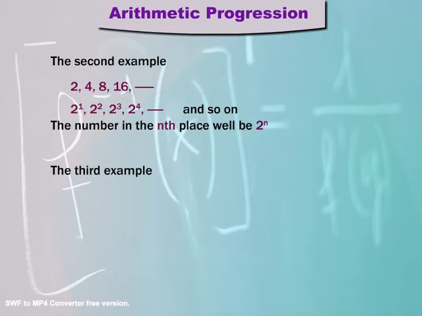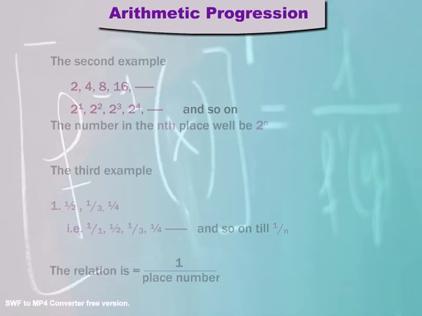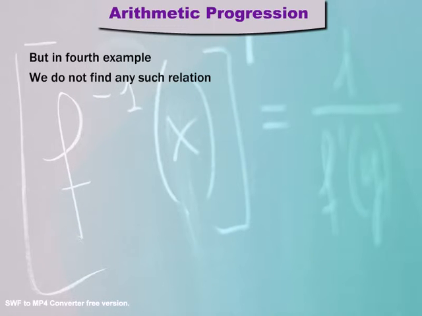The third example, 1, 1 by 2, 1 by 3, 1 by 4, and so on, can be written as 1 upon 1, 1 upon 2, 1 upon 3, 1 upon 4, and so on till 1 upon n. The relation is 1 upon place number. But in the fourth example, we do not find any such relation.